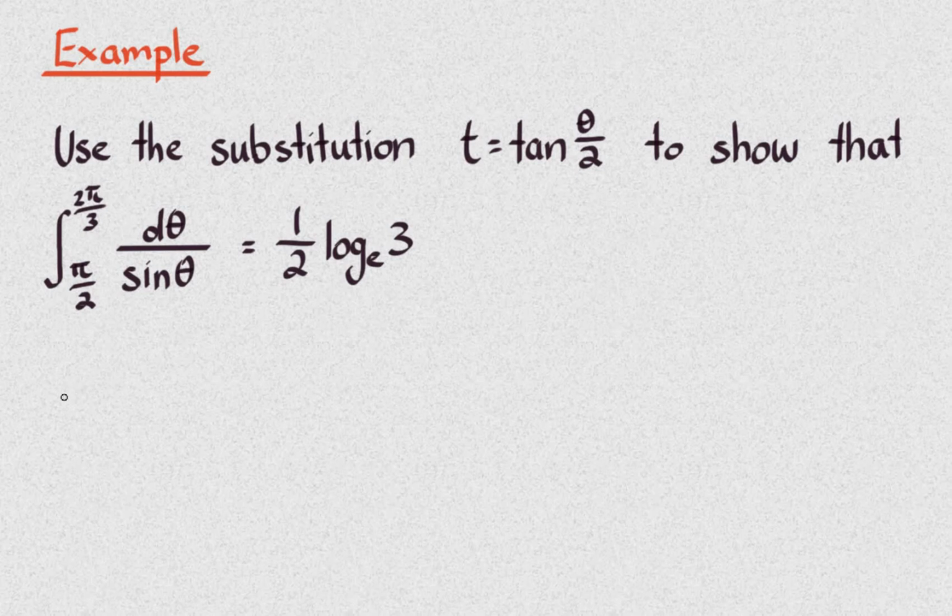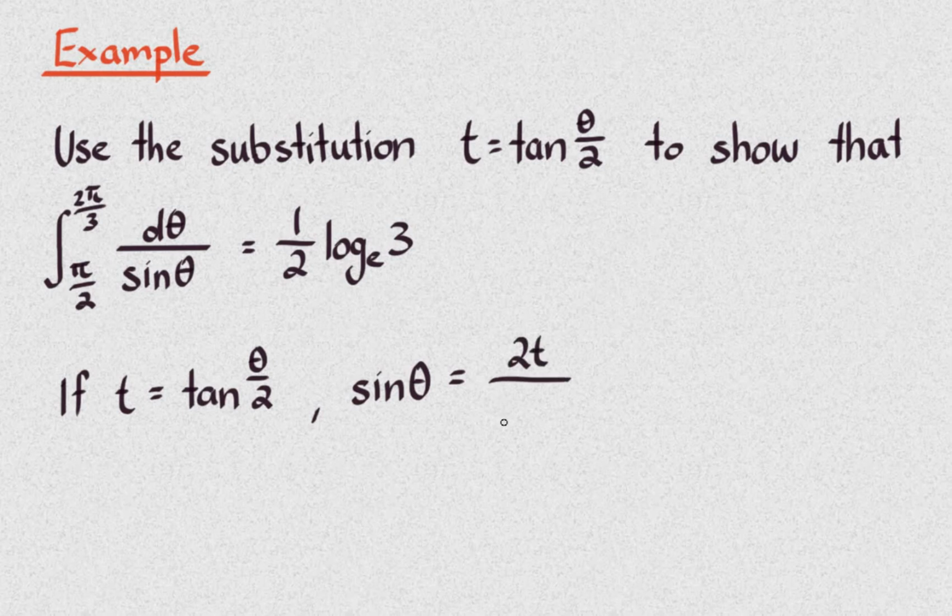So, given this substitution, t is equal to tan of theta on 2, we know from the work we just did that sine of theta, right, that's what we want to use for this question, sine of theta, that is 2t over 1 plus t squared.